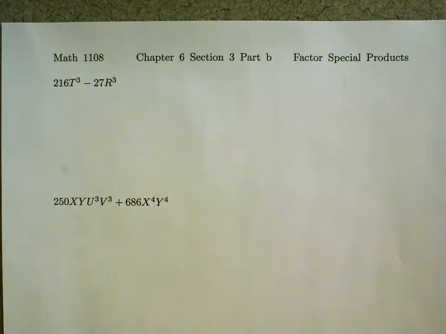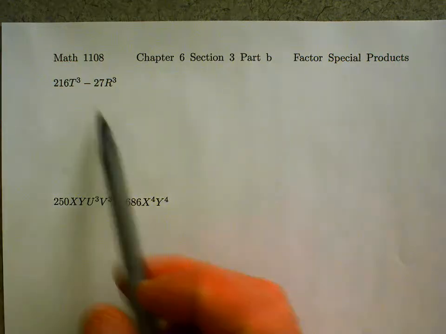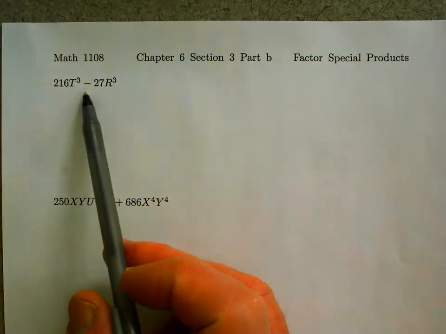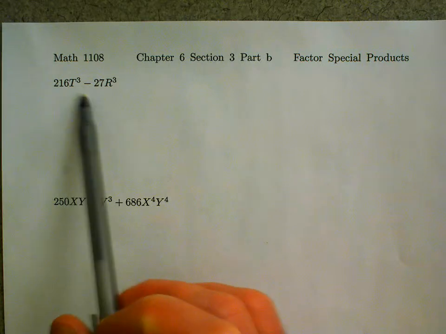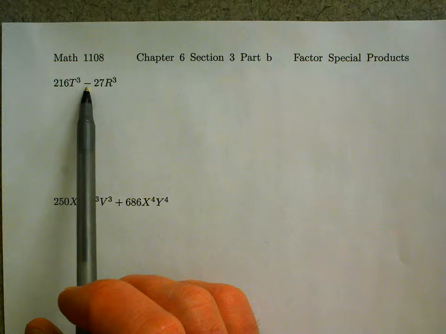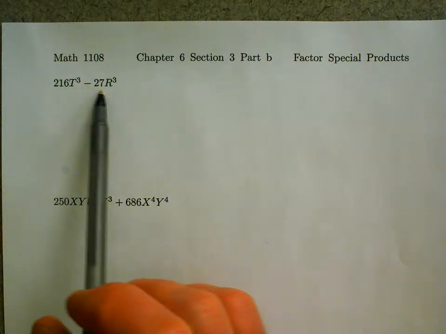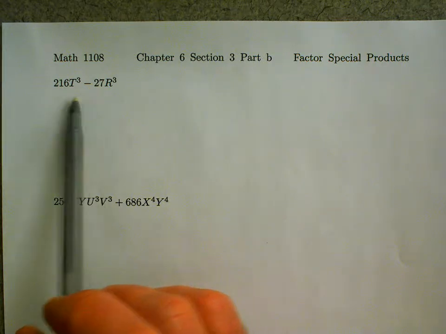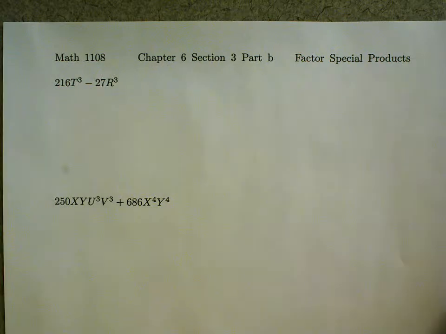Okay, this one, 216t to the third minus 27r to the third. It's a difference of cubes, but what's the greatest common factor?